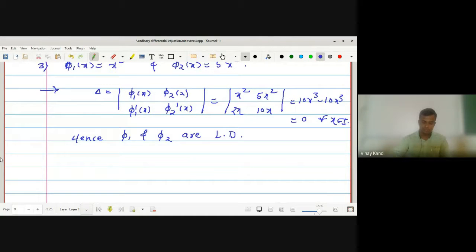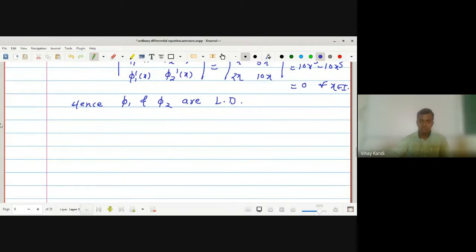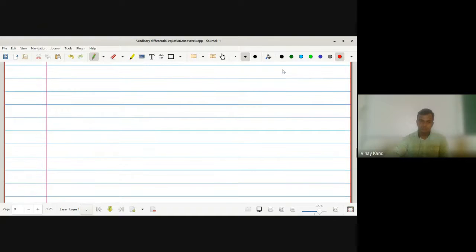Now we move towards the next theorem. Consider the equation L of y is equal to y double dash plus a1 y dash plus a2 y is equal to 0.